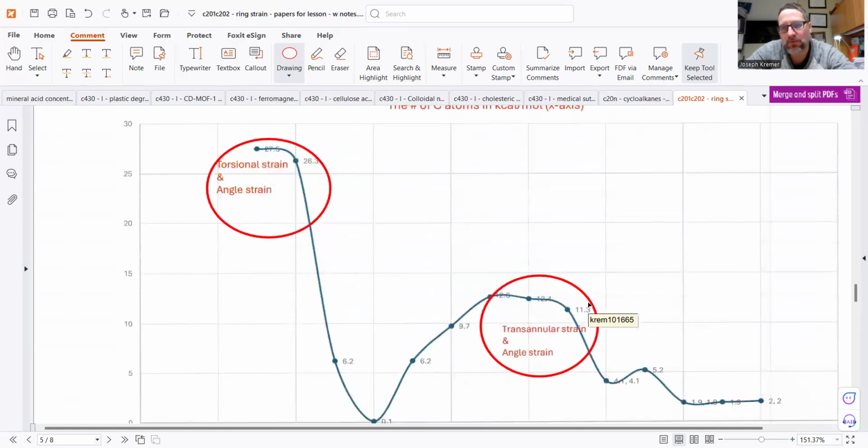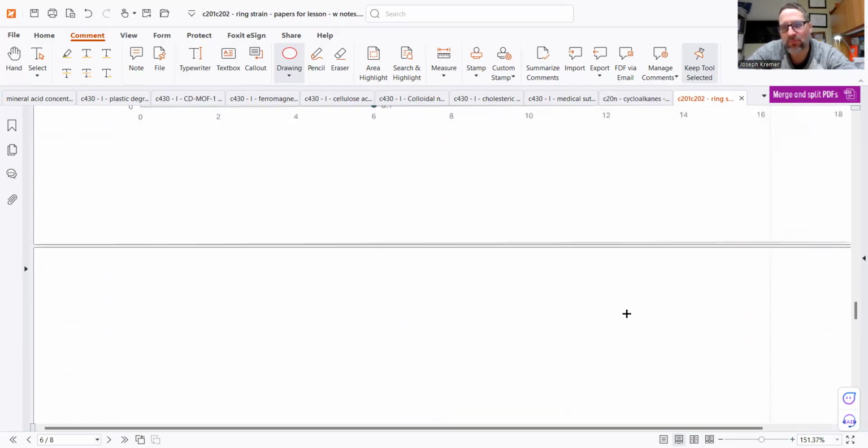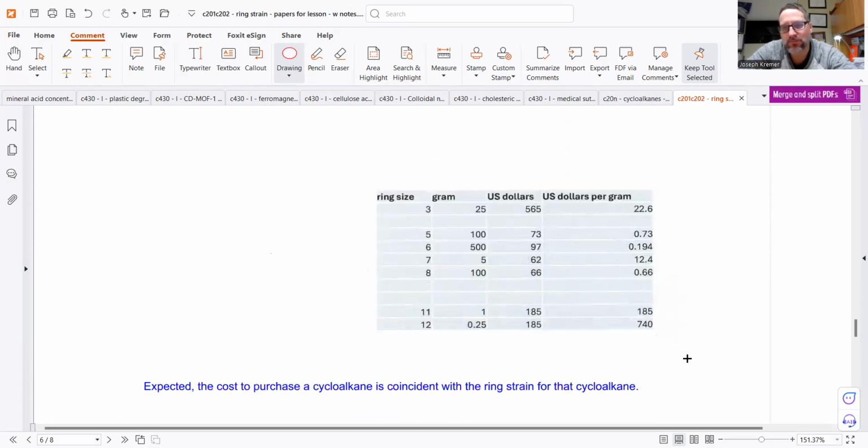The more unstable the ring, the higher the cost for that concern to purchase. So three-membered rings, you are spending $22 per gram of material to purchase a three-membered ring. So six-membered rings, it holds true.